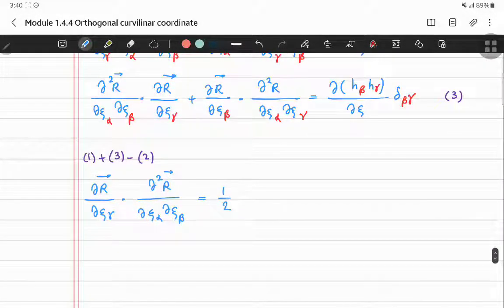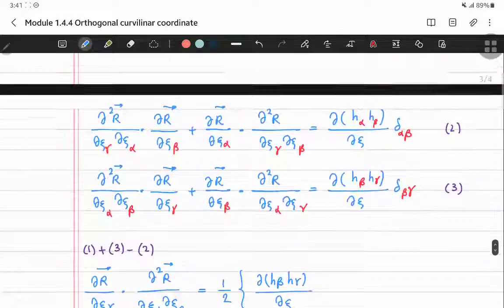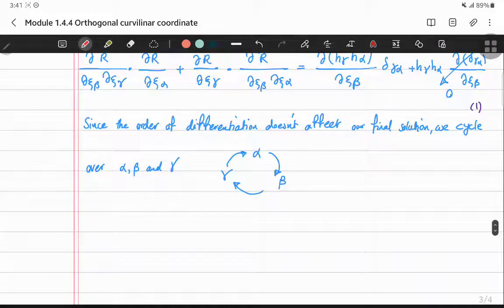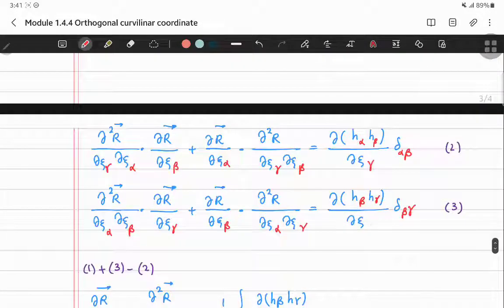So I have the partial derivative of h beta, h gamma, with respect to, oh, I forgot to put, what we have here is beta. Beta becomes gamma, gamma becomes alpha.